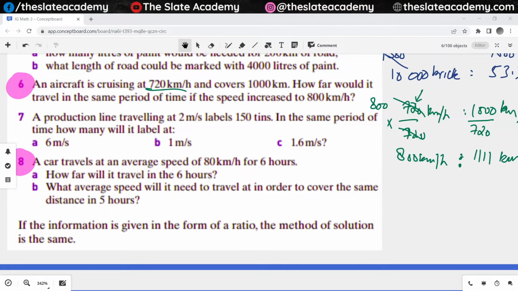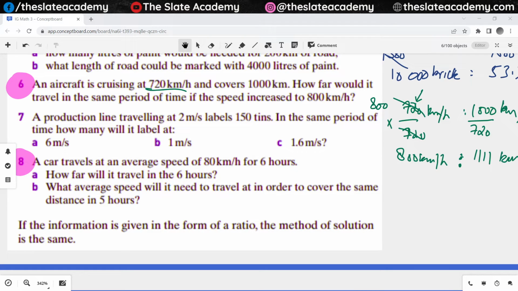So initially we had 720 kilometers per hour to 1000 kilometers. That was the initial ratio, right? Then I have to calculate how much distance it would cover if it were moving at 800 kilometers per hour. I cannot do it directly. I cannot multiply 720 with a number so that it becomes 800.